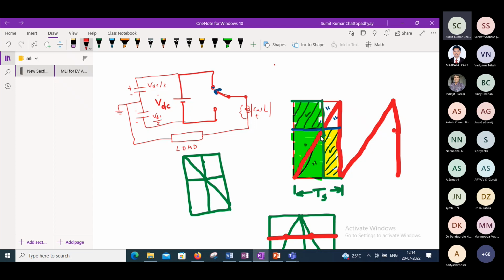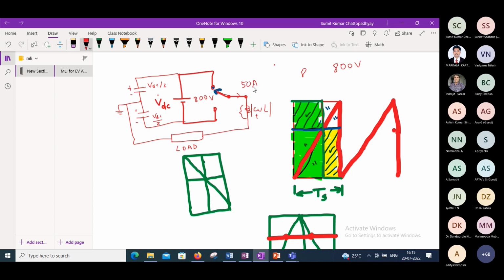For example, you want to operate a device, just one example I'm giving here, with an 800 volt DC bus, and we want the RMS current to be 50 ampere.